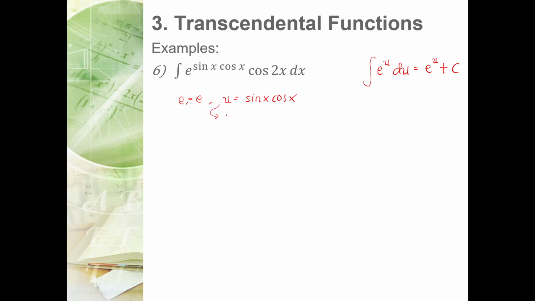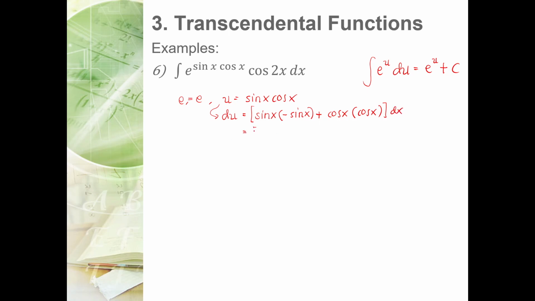Getting the derivative of your u parameter, since we have two terms, we're going to use the product rule of differentiation. So that's u dv, sine x, then the derivative of cosine, that's negative sine, plus v du, so plus cosine x, then the derivative of sine is cosine, then dx.